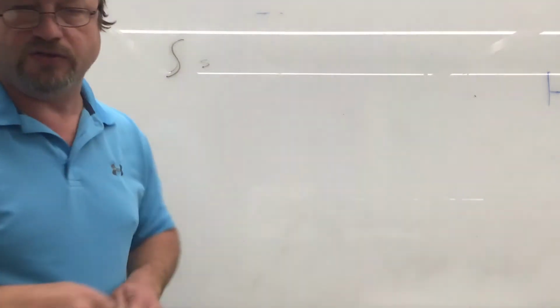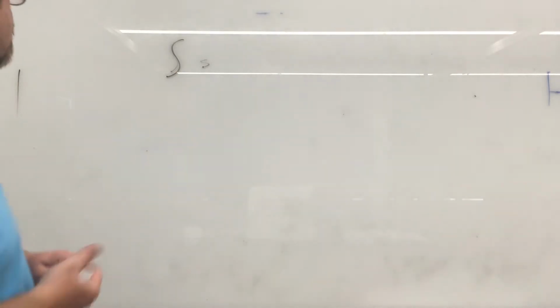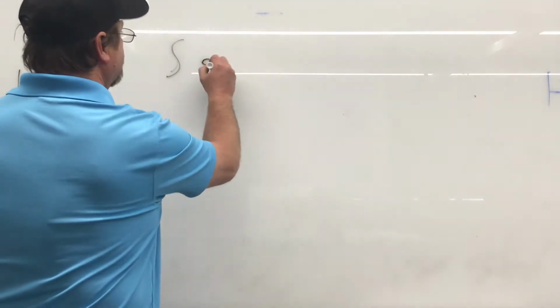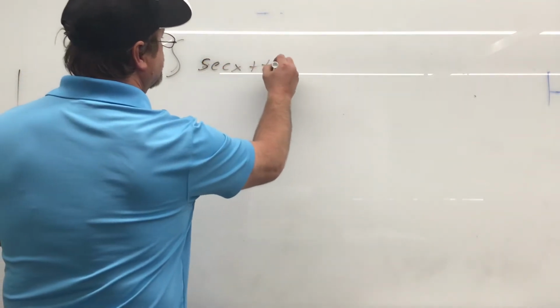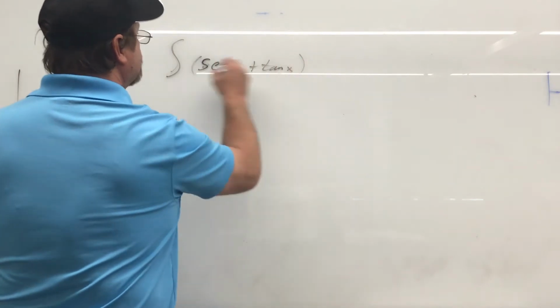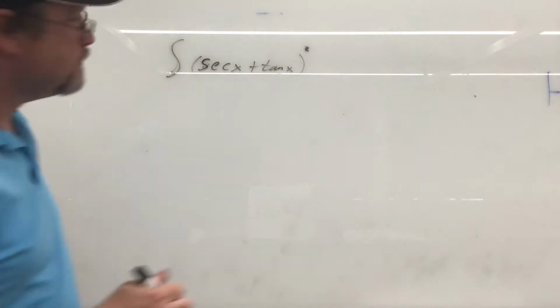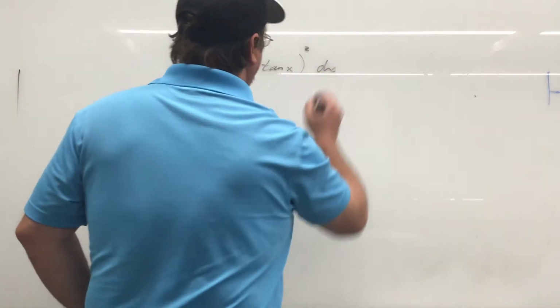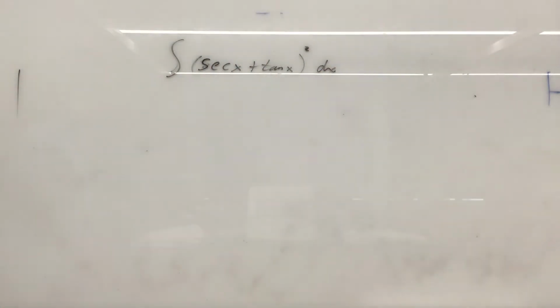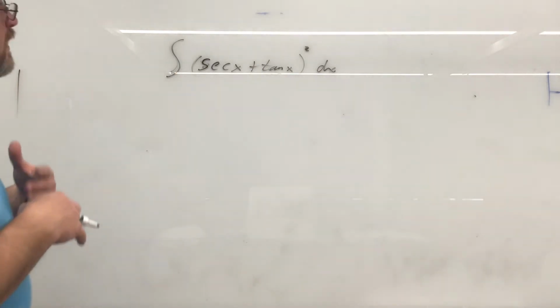The integral of secant x plus tangent x, quantity squared, dx. Now, why is this a particular concern? We want to get this in a form that we can integrate.